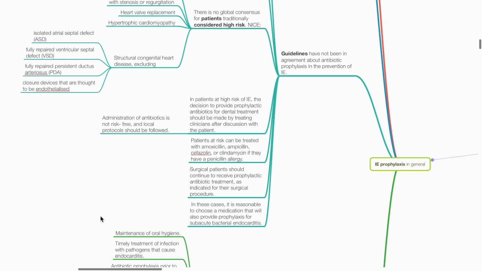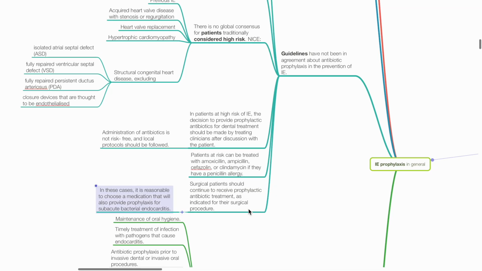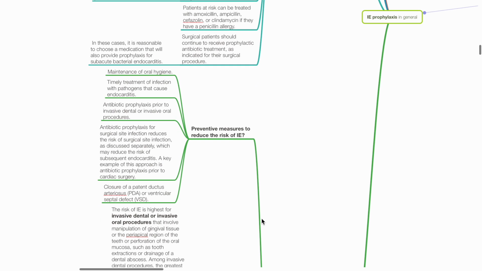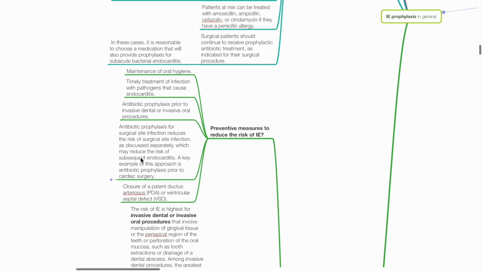And in these cases, it is reasonable to choose a medication that will also provide prophylaxis for IE. Preventive measures to reduce the risk of IE include maintenance of oral hygiene, timely treatment of infection with pathogens that cause endocarditis, antibiotic prophylaxis prior to invasive dental or invasive oral procedures, closure of PDA or VSD.